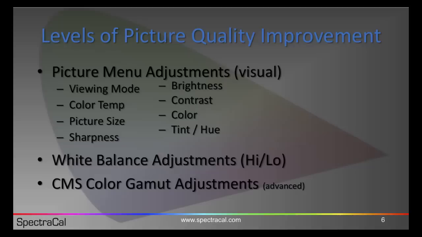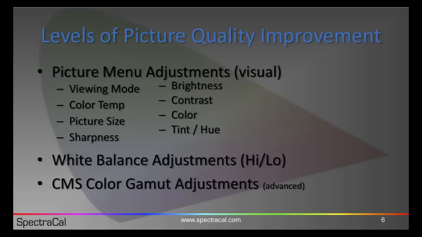The picture menu adjustments include the viewing mode, the color temperature, setting the color of white on the screen to be close to our desired color temperature, picture size, including aspect ratio, sharpness or edge enhancement, and then also the standard adjustments for brightness and contrast and color and tint.